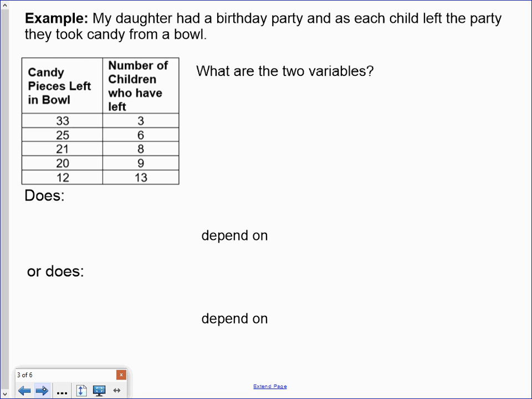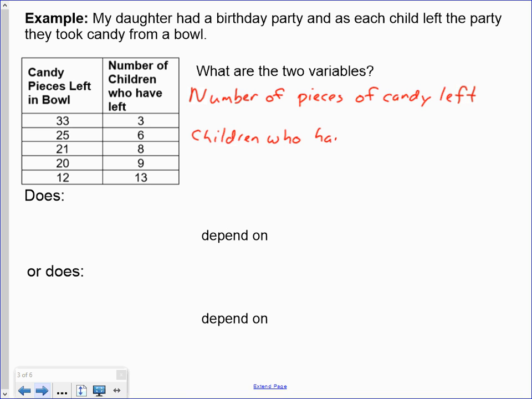So first off, what are the two variables in this situation? Well, obviously one is the number of pieces of candy left, and our other variable is the number of children who have left. We'll just call this children who have left. Now, I want to figure out which of these is my independent variable and which is my dependent variable.